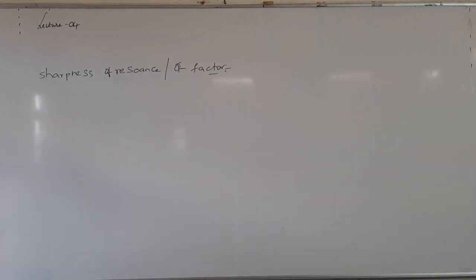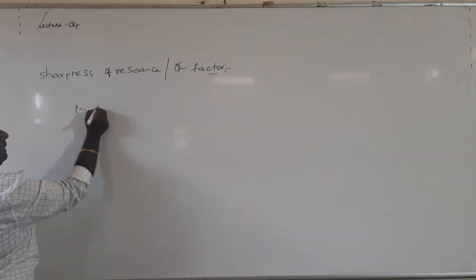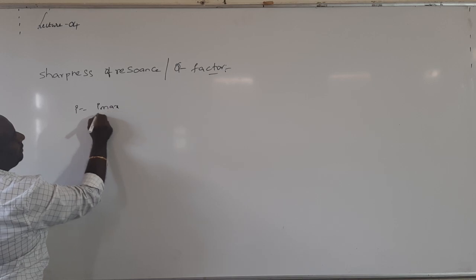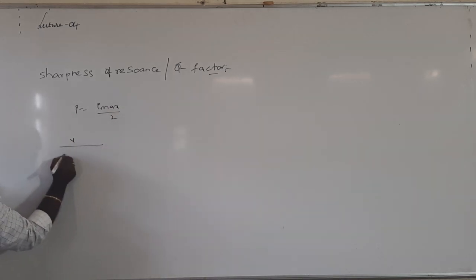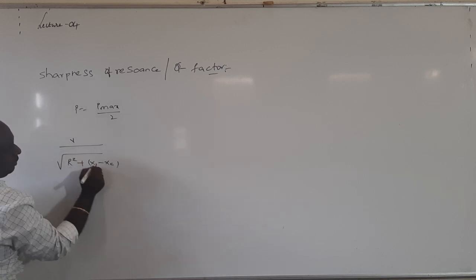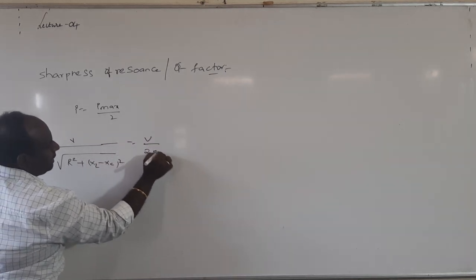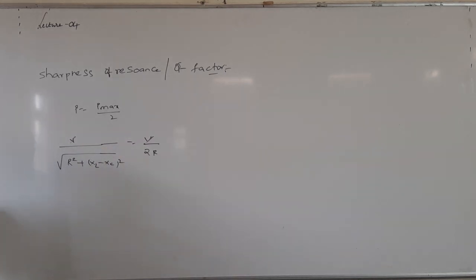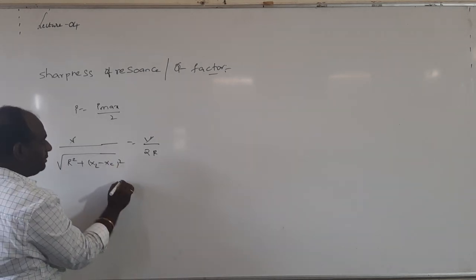Here what will be the condition? To get half of the power drop, the condition is I equal to I max by 2. So what is I? V by root over R square plus XL minus XC whole square equal to V by 2R. These two get cancelled. Shall I do the cross multiplication and squaring on both sides?